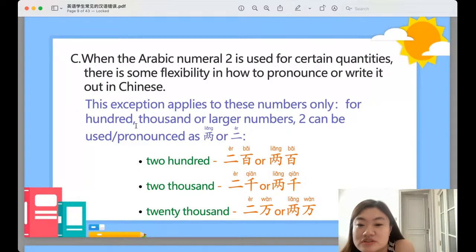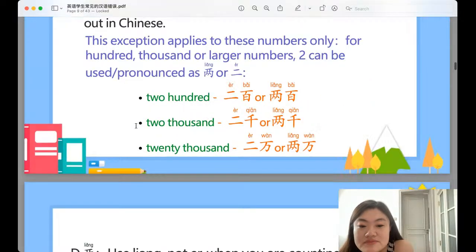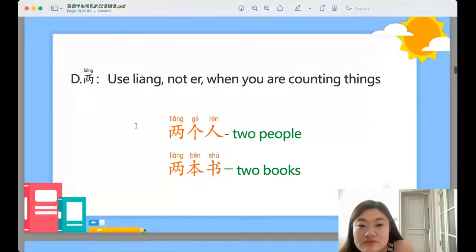For 2000, you can say it either way. For 20,000, either way works. But for 20, you can only say 二十. If you're in the tens or the units place, you can only say 二. But for bigger numbers, you can go either way.